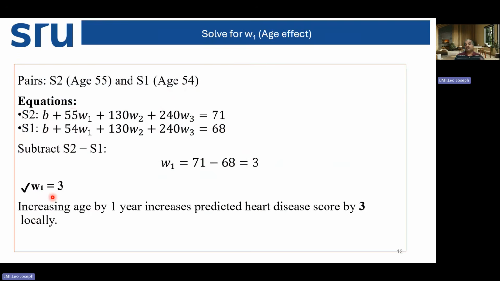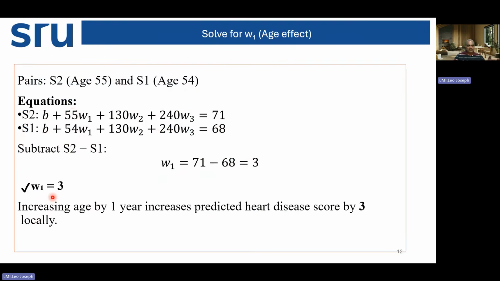The heart disease score will increase by 3 based on age. If age increases from 54 to 55, the score increases by 3. If 55 to 56, again it will increase by 3. The score will increase by 3 locally, based on the assumption.